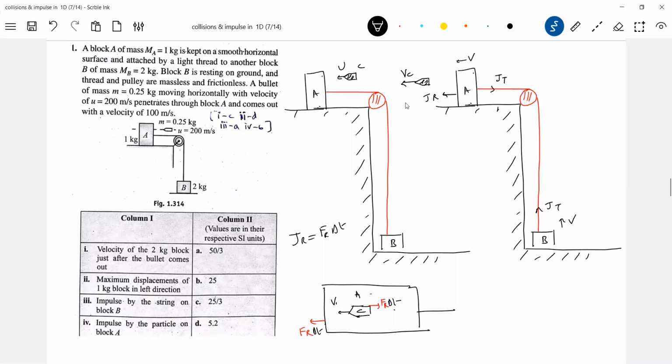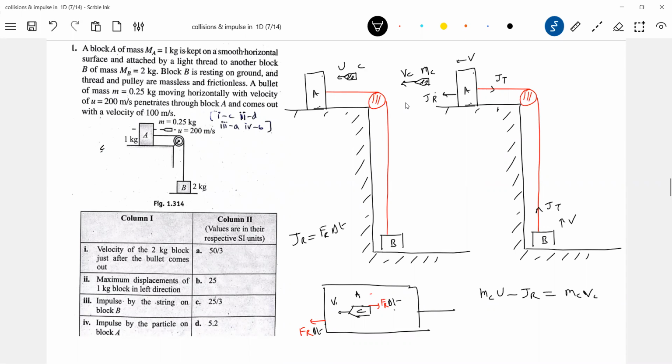So here this will start moving. We don't know Jr, no? How to calculate Jr? I'll take help of the bullet. So look at the bullet here, mass of the bullet, mc u minus Jr equal to mc into Vc. We know u and Vc.